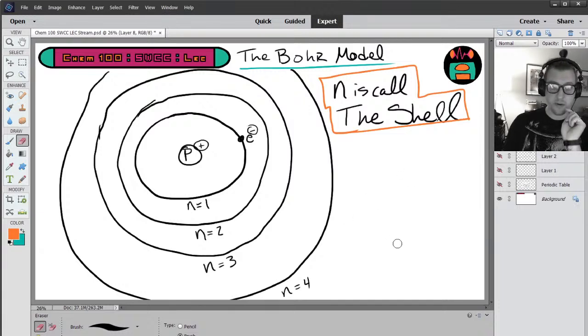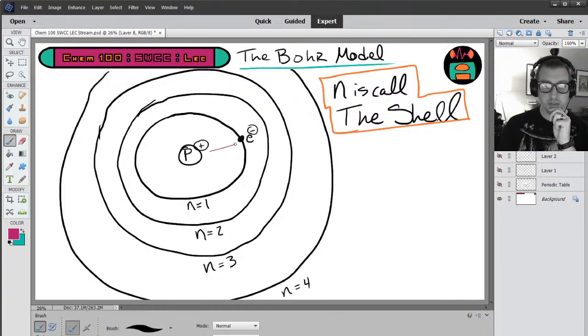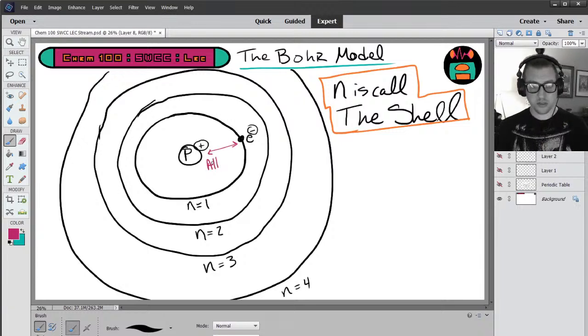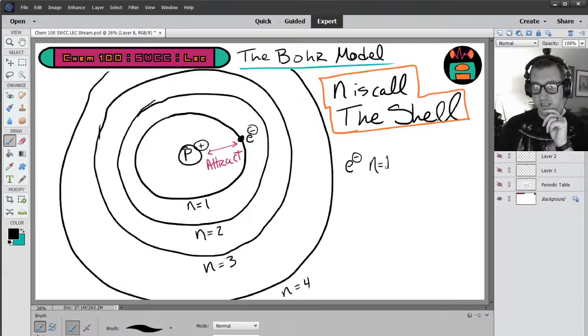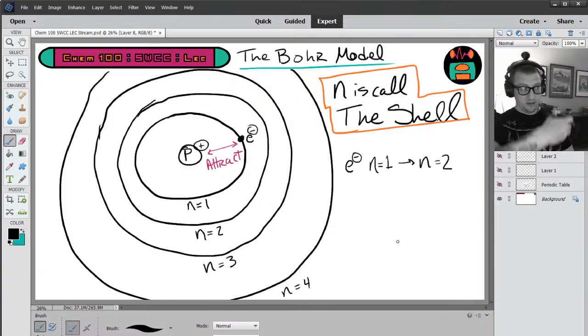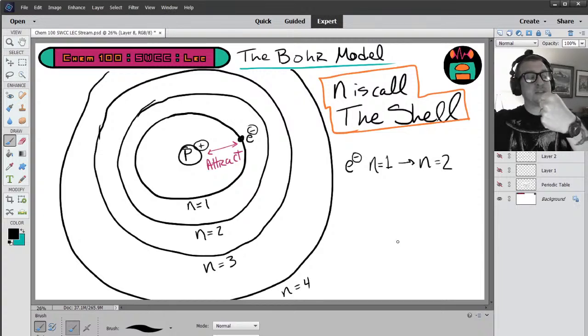Now, when you think about the electron and the proton, these two particles are attracted to each other. And so, if you have an electron that goes from being in the first orbit to the second orbit, let's say it moves away, because it's attracted to the proton, to get it to move away, you have to pull it.